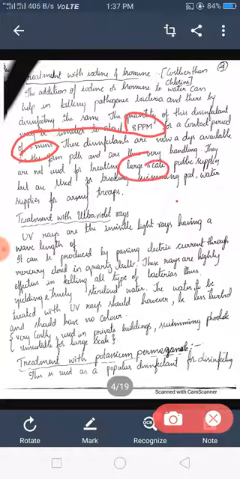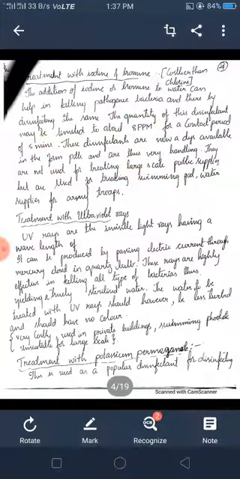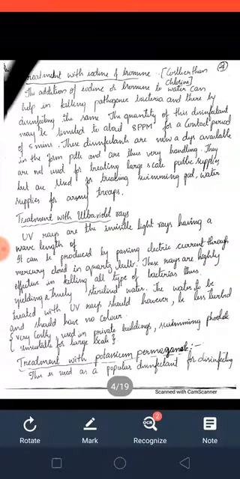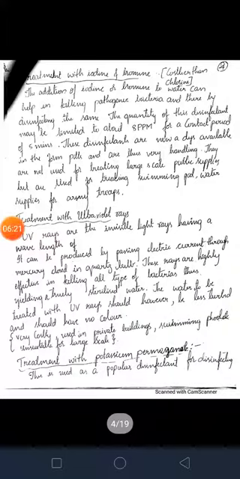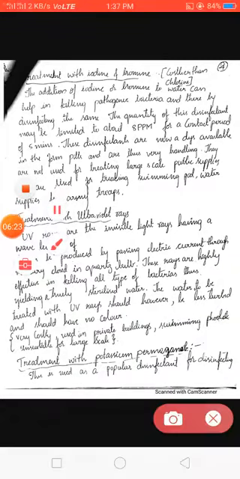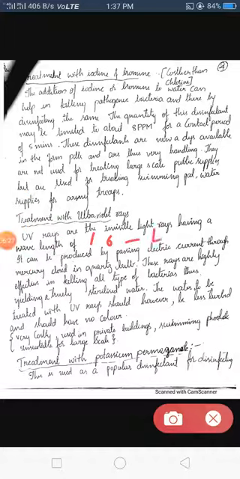Next, treatment with ultraviolet rays. UV rays are invisible rays having a wavelength of 10 nanometer to 400 nanometer.